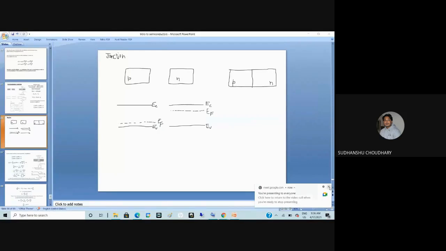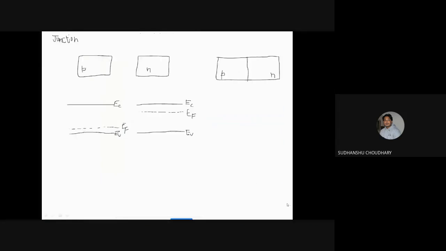I hope the slides are again visible. Yes, sir. Okay. So let us connect these two semiconductors, and now we have established a contact between a p-type semiconductor and an n-type semiconductor.